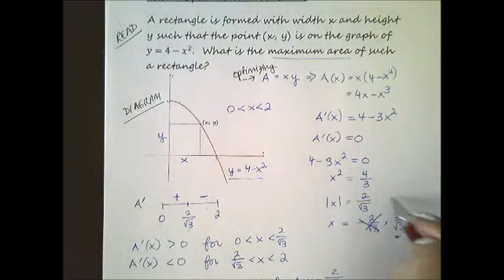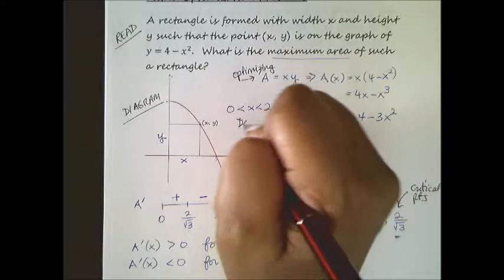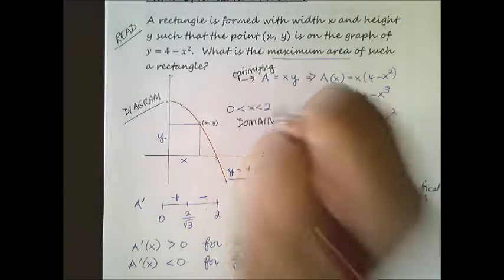Okay. Make sure that you find the critical points. And you do some analysis on the critical points and talk about where they're positive or negative. Eliminate anything that's not in the domain. Here's my domain. Eliminate any values that are not in your domain.